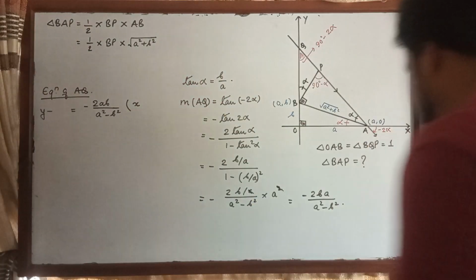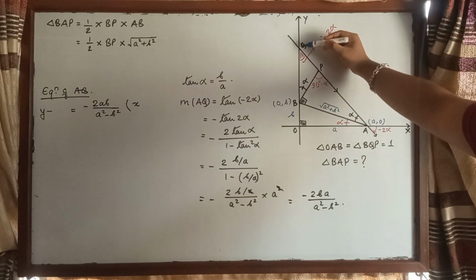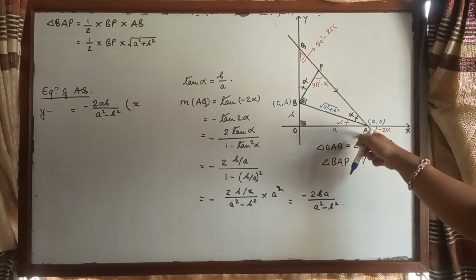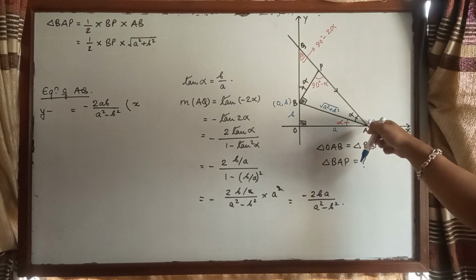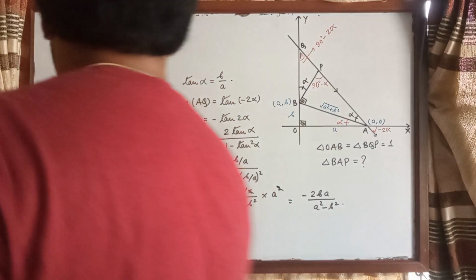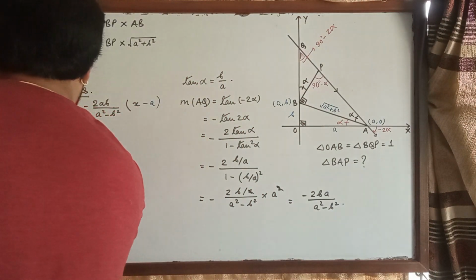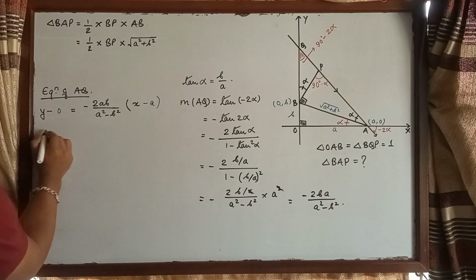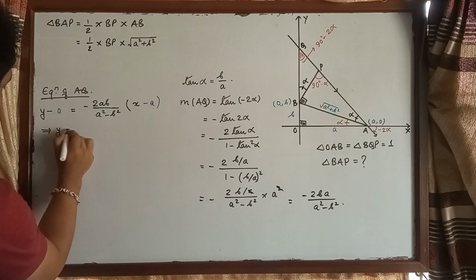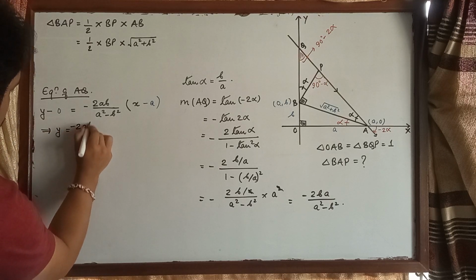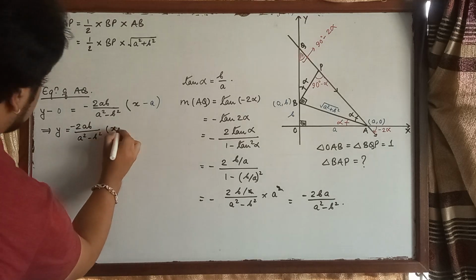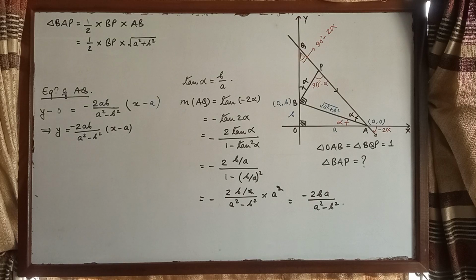We can see that the line AQ passes through the point A, and the coordinates of A are minus a, 0. So the equation is y equals minus twice ab over a squared minus b squared, times x minus a. Alright, this is what we have.